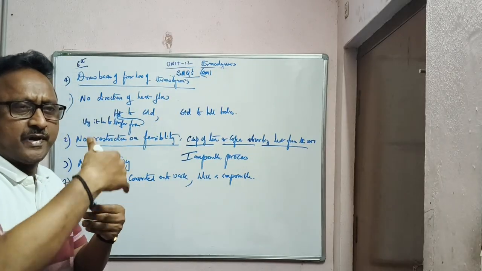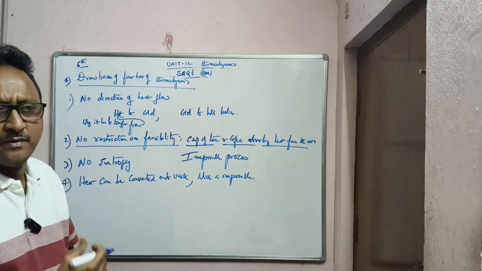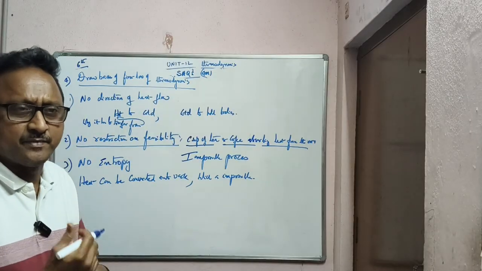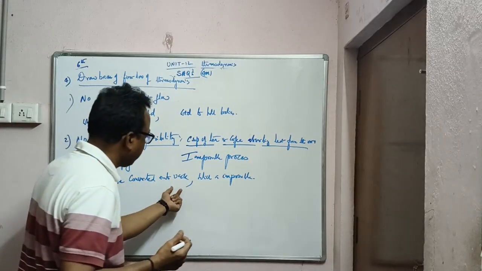Again, to get heat back to mechanical energy, we have to use some engine, because heat into mechanical work is only made by a heat engine. So heat can be converted into work, which is impossible.